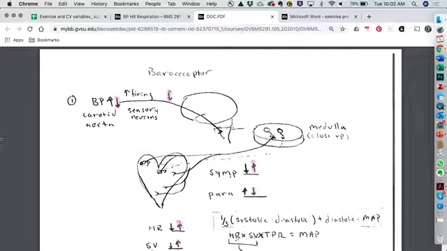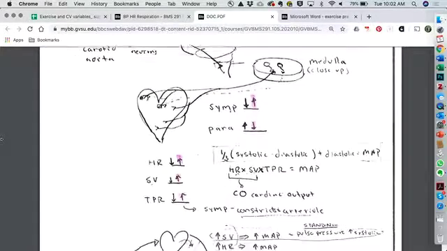On page 133, you have a list with initials, systolic, diastolic, heart rate, pulse pressure, and mean arterial pressure. When you do supine versus standing, you're going to want to calculate your pulse pressure and mean arterial pressure.